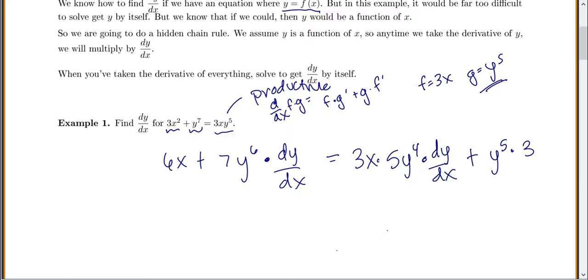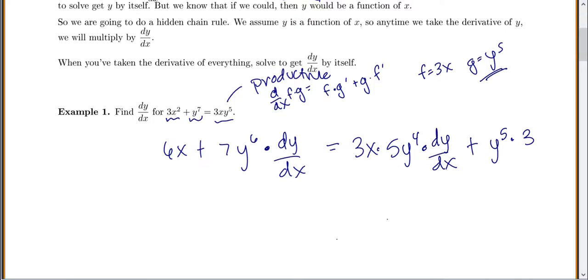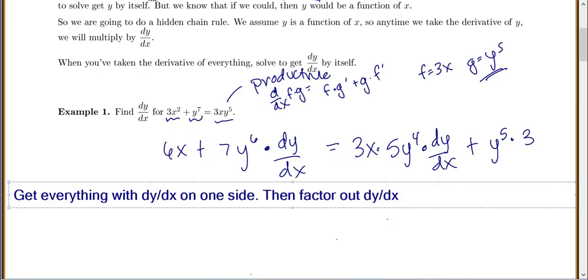Okay, so we've taken all the derivatives, but our goal was to find dy dx. So now you just rearrange and solve for dy dx. The trick is to get everything with dy dx on one side and everything else on the other side.